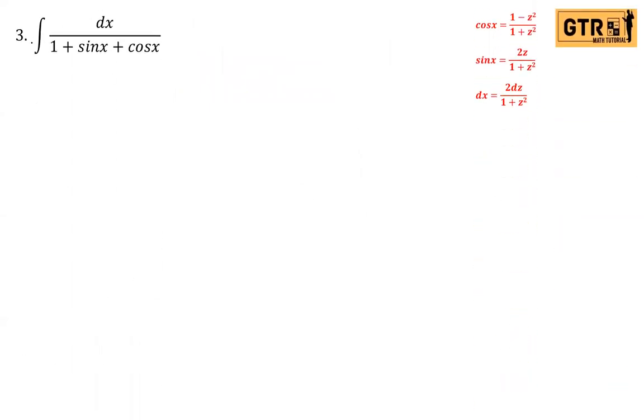Okay, so last number 3. So we have number 3, integral of dx over 1 plus sine x plus cosine x. So this time we both have sine x and cosine x. So for dx, we substitute 2 dz over 1 plus z squared, and then for sine x, this is the value of sine x, and then for cosine x, so this is the value of cosine x.